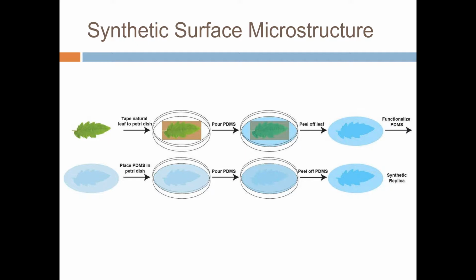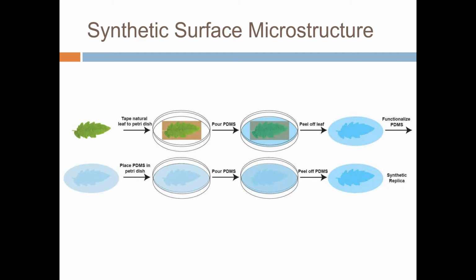So what we do is we make those synthetic surface microstructures. We use a method that is called soft lithography, but it's really just molding. So for example, with the leaf, you would take the leaf, you glue it to a Petri dish, you will then pour a polymer. The polymer is liquid, it will capture the structure.